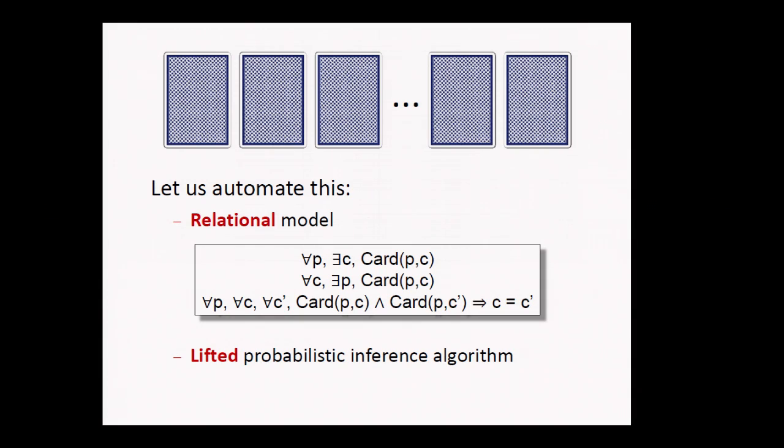That's the first line. Then it says that for all cards, there's at least 1 position in the deck. And then the third one says that for every position, there cannot be 2 different cards in that position. And this is enough to completely specify a probability distribution over decks of cards, very concisely.